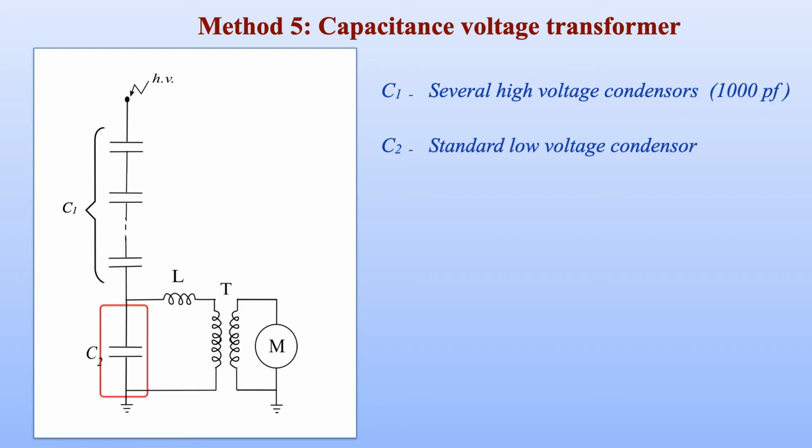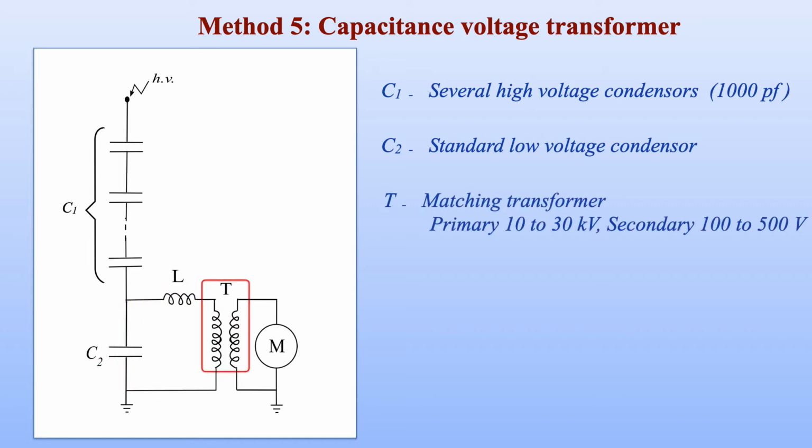But a very important addition done here is using a potential transformer across capacitor C2, or a matching transformer you can consider. The purpose of this matching transformer is to isolate the low voltage meter circuit from the high voltage circuit across capacitor C2 and the whole assembly.